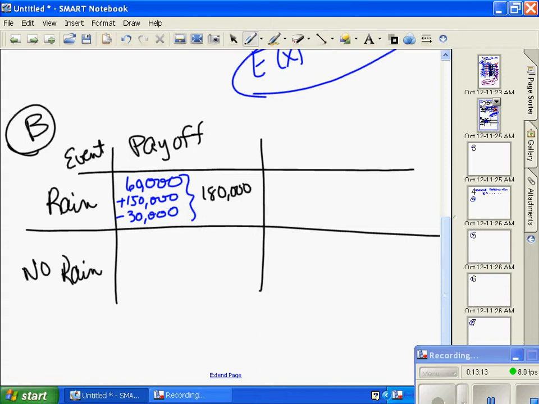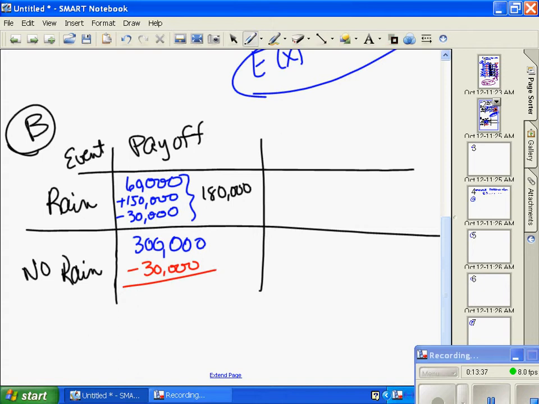Now, if it doesn't rain, remember earlier, in the last problem, we were told that we would make $300,000 if it did not rain. Well, you still had to pay for your insurance policy. Even though you're not collecting, you have to pay a premium. So I need to subtract $30,000 from that.